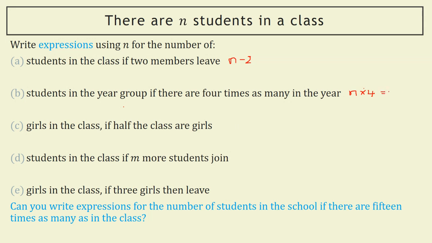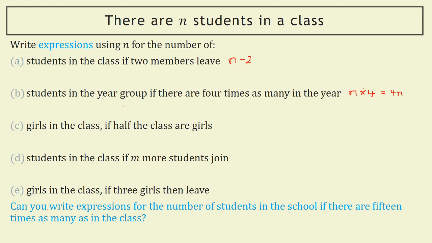We have a rule that says we will always write the number first and then the letter second. Whenever we see that, it means times. 4n means 4 times n or n times 4. It's the same thing. So if there were n students in the class and 4 times as many in the year, there'd be n times 4. We write that as 4n.